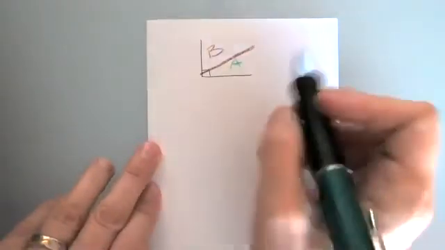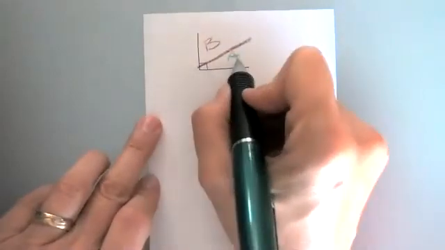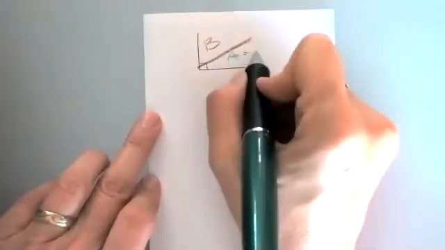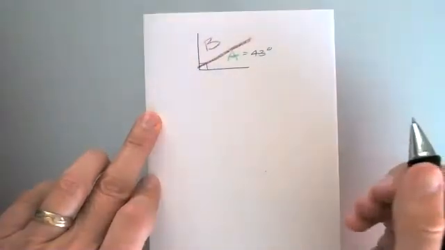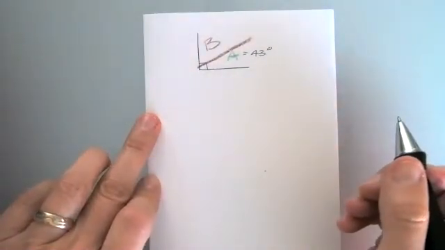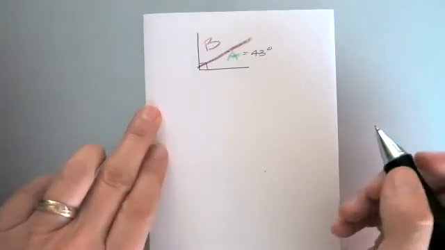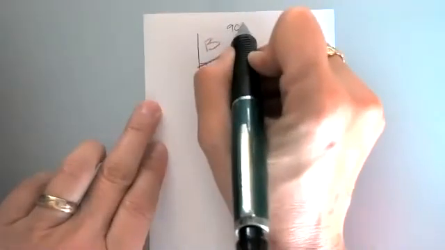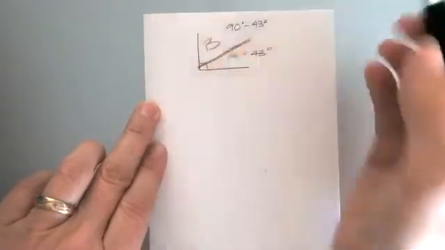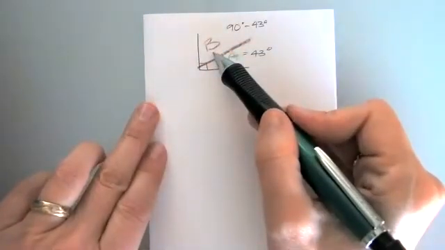Okay, so if I tell you how much angle A is, let's say this is 43 degrees. Can you tell me angle B? Yes. And how did you find it? You would do 90 minus 43. Yes. Because it's the complement, right?